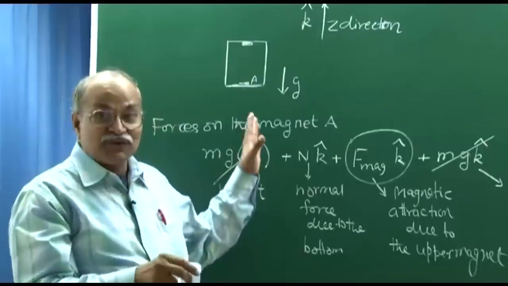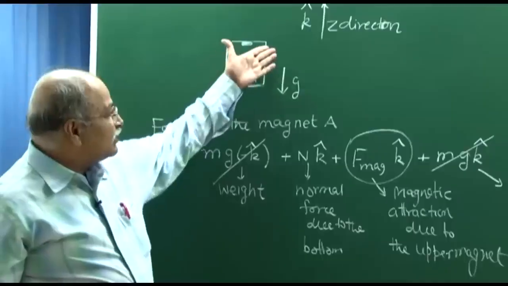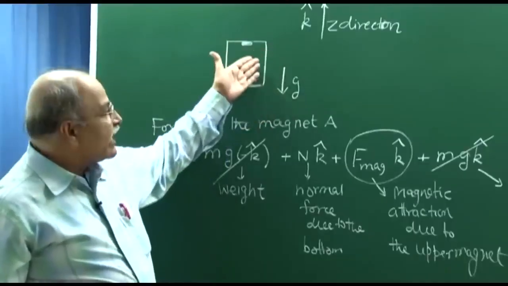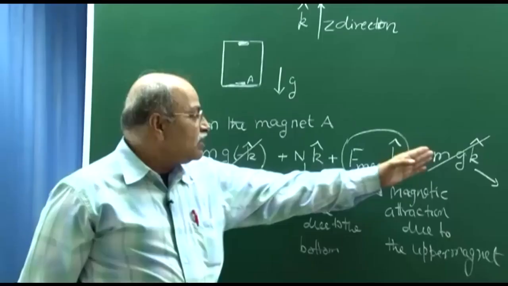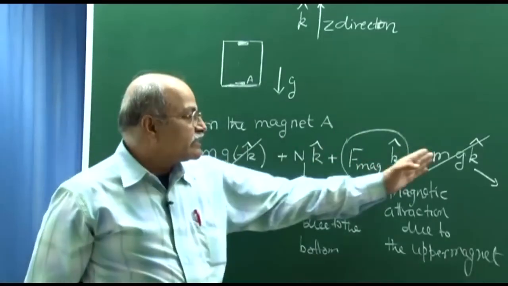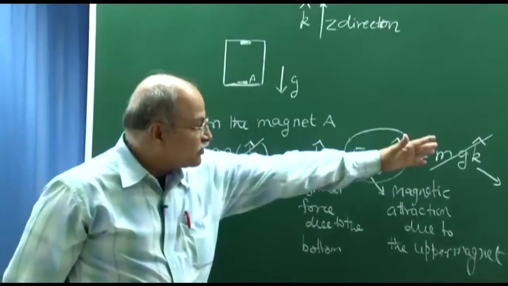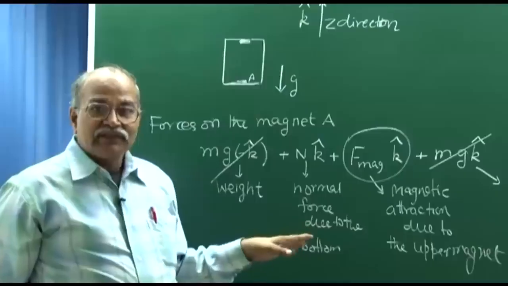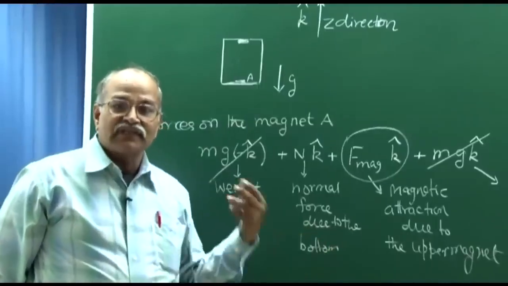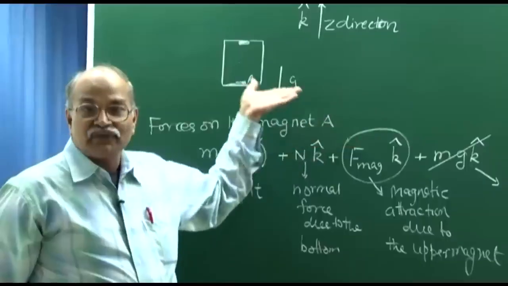So, this is how pseudo forces are included, and if your frame is falling freely or it has an acceleration g, as you see here, all effects of gravity get cancelled with the pseudo force. So, the pseudo force and this weight, they all cancel each other. So, you forget pseudo force and you forget gravity, and you can write your equations and it works.